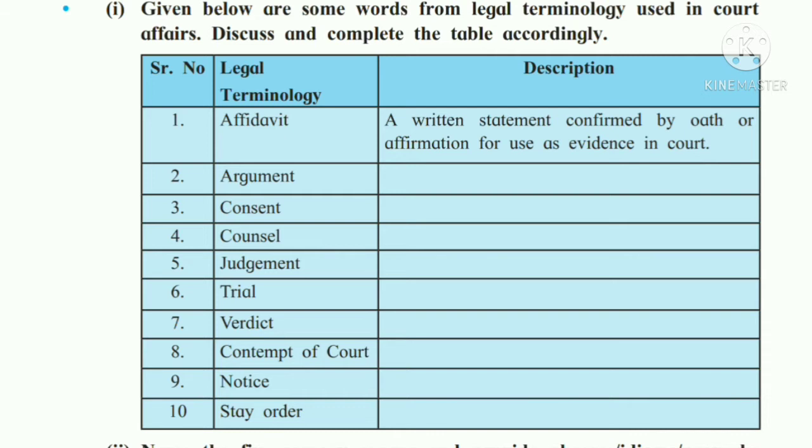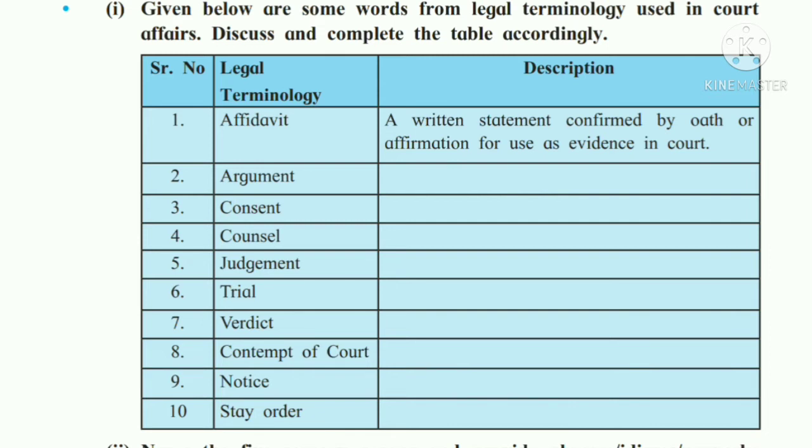Next, students, that is number 4, counsel. Now we appoint counsel, legal counsels, advocates, advice, legal advice. So counsel means legal advice. Number fifth, students, judgment. Judgment means the decision which is pronounced by the judge. Trial, that is a formal meeting in a law court.